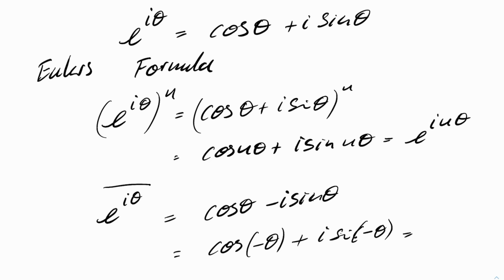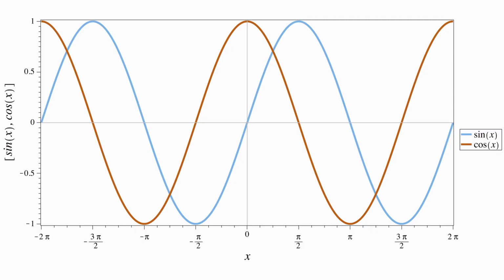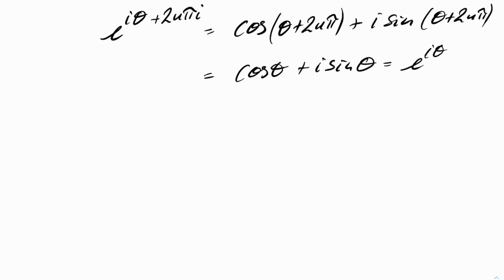And so therefore this is equal to e to the minus i theta. So conjugation is the same as a reflection in the real axis. Also note another key identity, that if I add on an integer multiple of 2 pi, then because cos and sine are periodic with period 2 pi, that's equal to just e to the i theta.